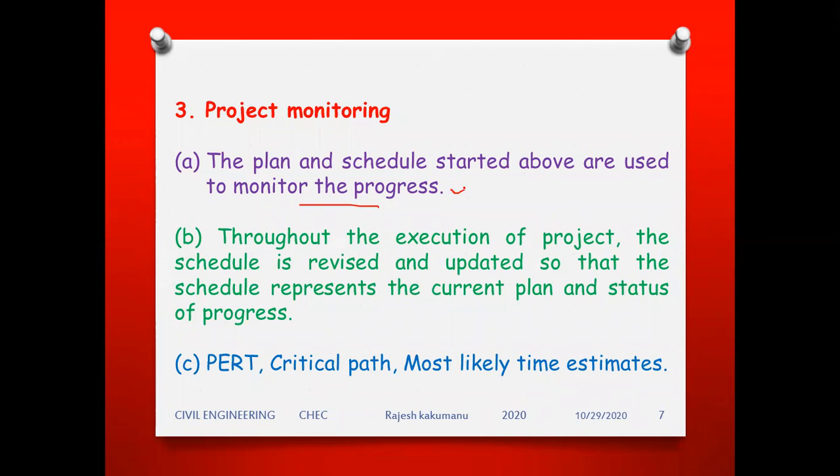So whatever the progress is done in the second point, right? The plan and schedule started above, what is planned and scheduled in the second point, are used to monitor the progress. And the next enhancement, what is going on, we can see in this project monitoring.